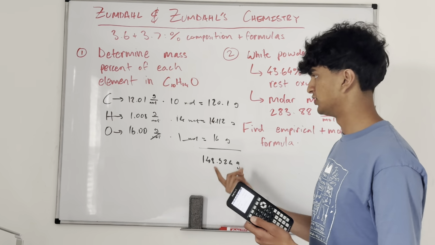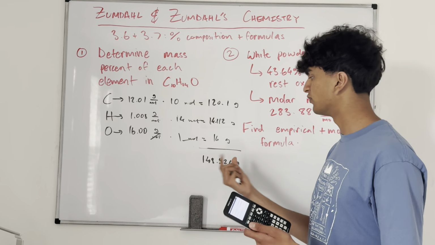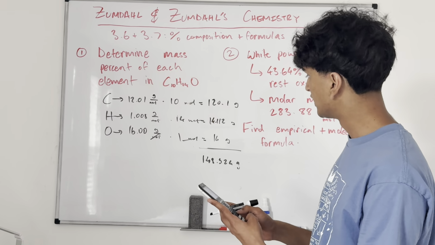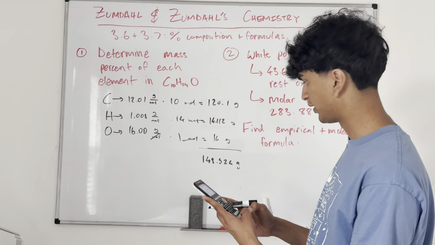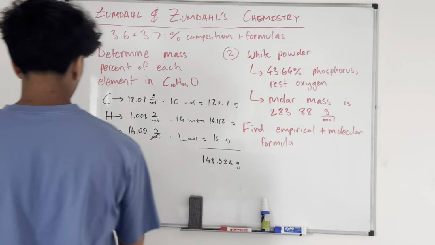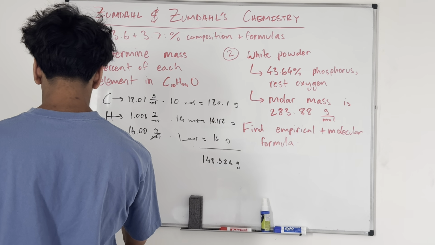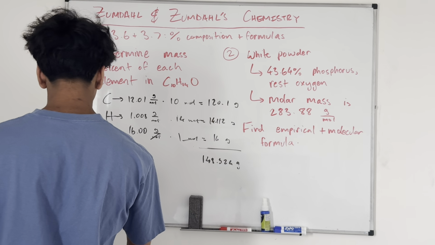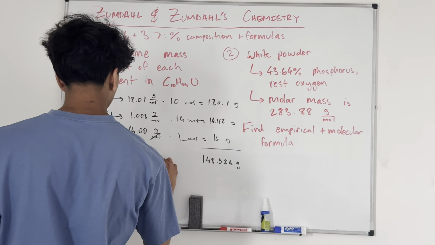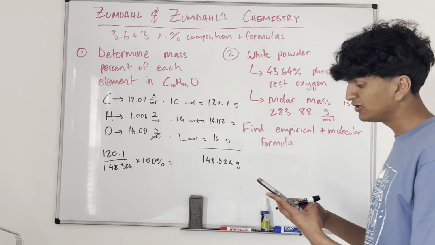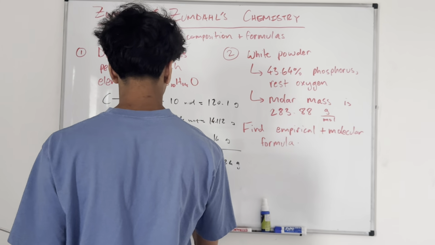For carbon, it's just going to be 120.1 over 148.324 times 100%. Let me write it down once so you see what I'm doing. 120.1 over 148.324 times 100%. That will give me about 81%.